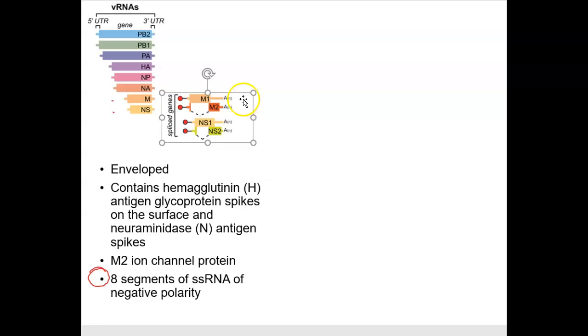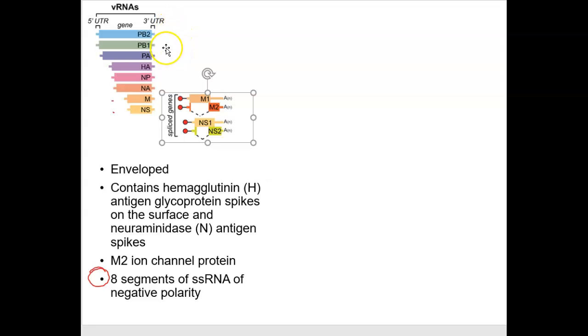So M is going to be spliced into M1 and M2. Those are the two matrix proteins, and M2 is the ion channel, and NS encodes for non-structural protein 1 and non-structural protein 2.